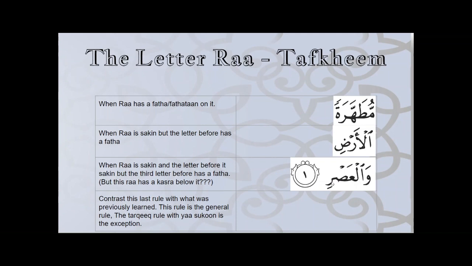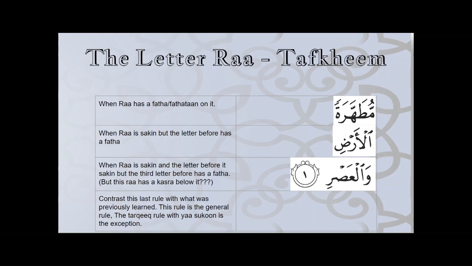But in this case, because we're stopping on this ending verse mark, and this ra becomes sukoon, and right before the ra sukoon is sad sukoon, we look at the third letter, which has a fatha, so that we do tafkhim on it.